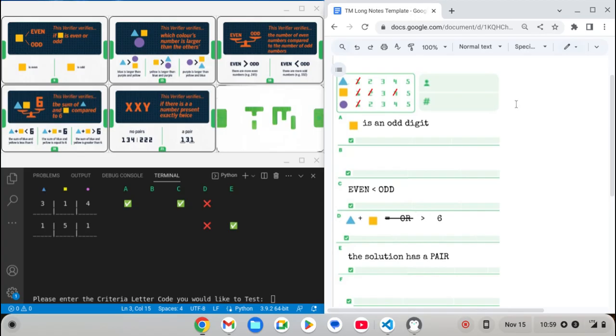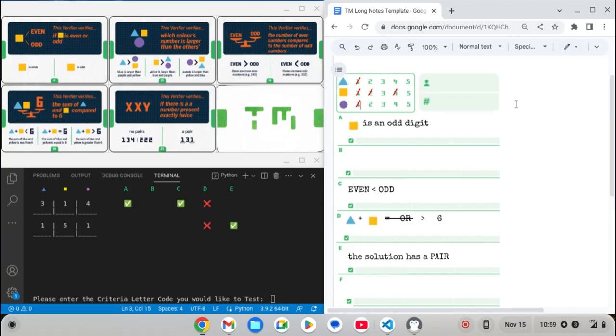Okay, so 1's out. If you have a pair, I guess you could have a pair of 2s, you could have a pair of 3s, even a pair of 4s. Well, oh no, you can't. Oh yeah, you can't have a pair of 2s or 4s. But what does that mean?